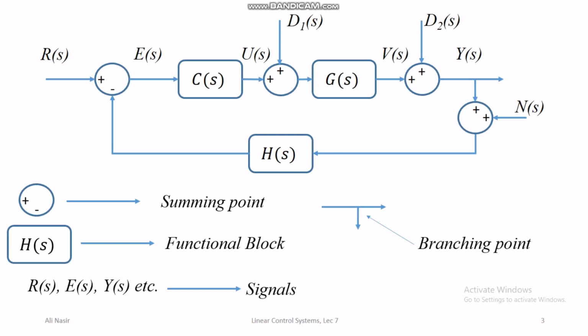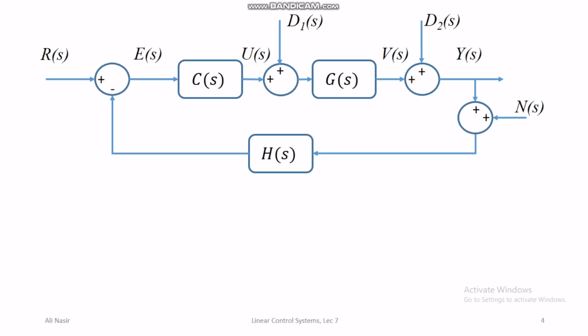A branching point creates a copy of the signal and sends it to the branches. So the same signal is conveyed to both ends, or even if there are more than two ends, the same signal goes everywhere.